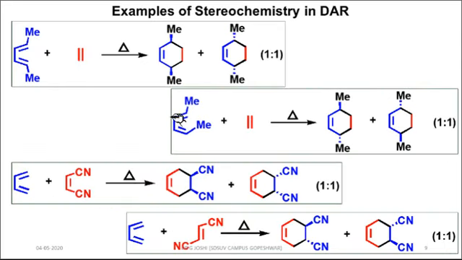Here are some examples. In first example, both the methyl groups in diene are on outside. Therefore, when we consider approach from top phase, we will get these two methyl groups above the plane.